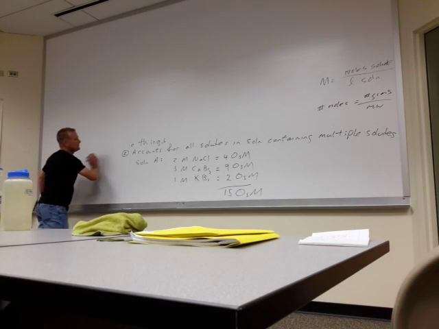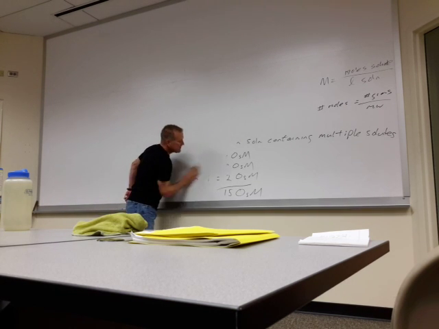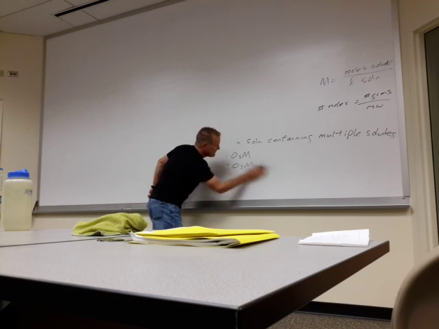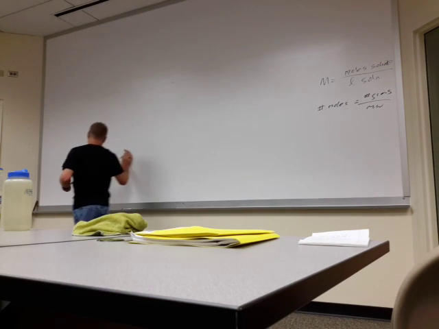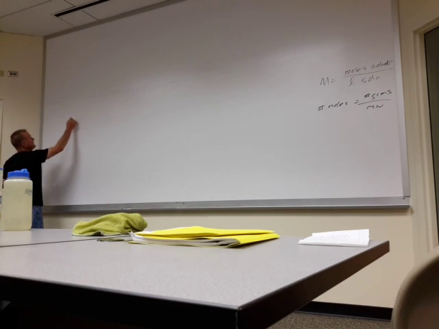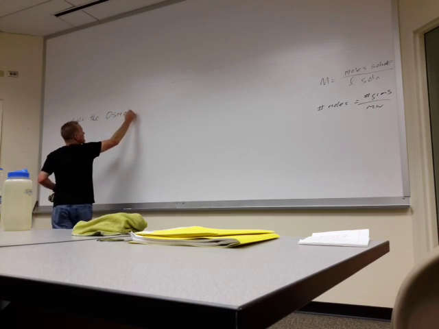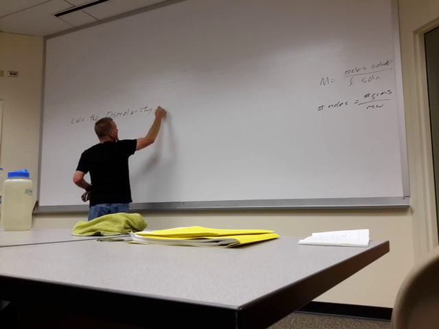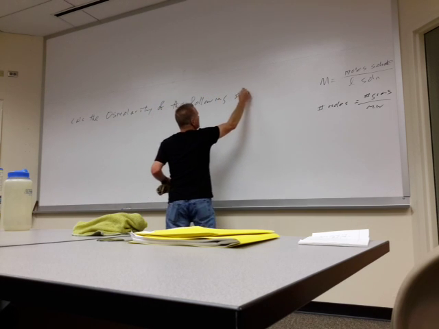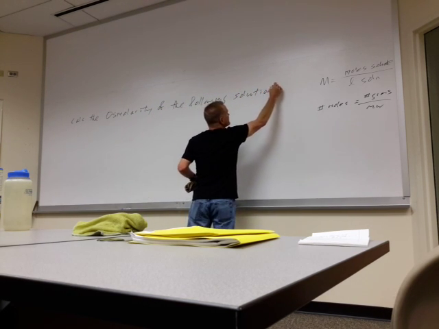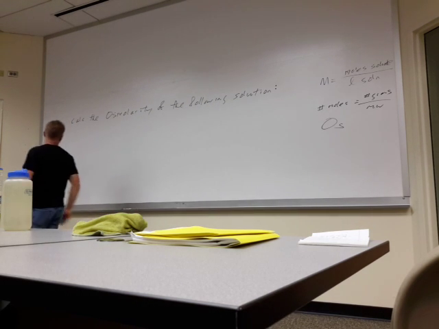Let's do another one of these, because I've made a point of using salts or ionic compounds in my examples. And things are a little different when we have covalent molecules. Calculate the osmolarity of the following solution. And let's put Oz on this list of stuff that gets transferred to your index card.